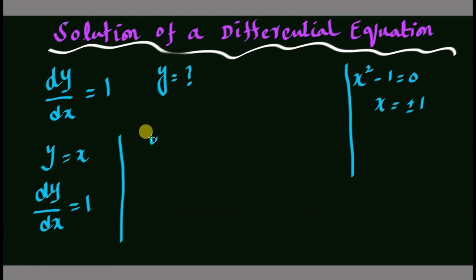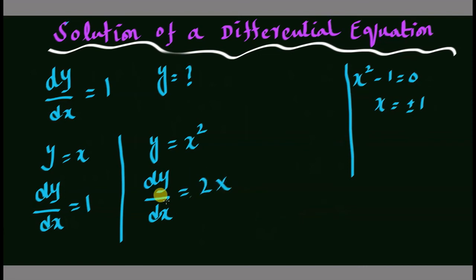On the other hand, if you have another function y is equal to x square, and you want to check whether y is equal to x square is the solution for the given differential equation, just take the first order derivative of this function.